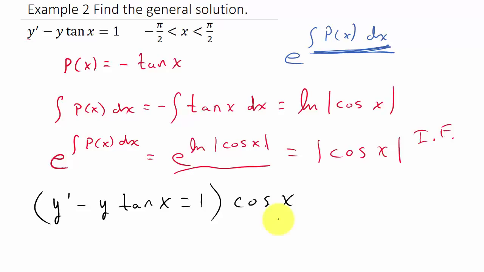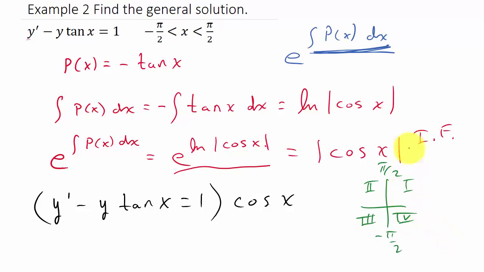Well, if I look at the problem, you see this? It tells me that x is between negative pi over 2 and pi over 2. So let's come over here real quick. Here's pi over 2. Here's negative pi over 2. And remember, you've got first, second, third, and fourth quadrant.